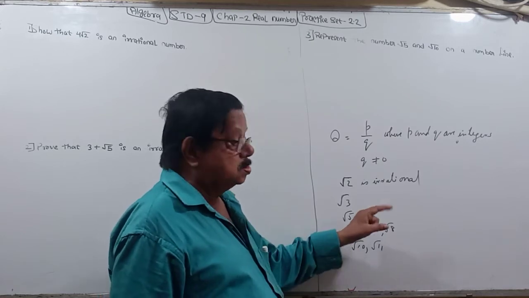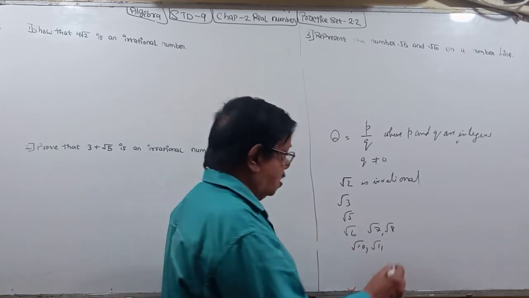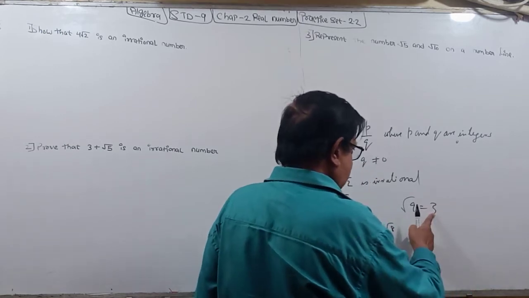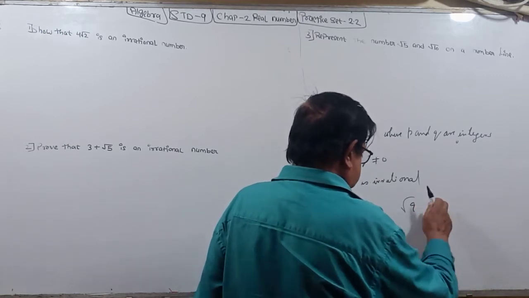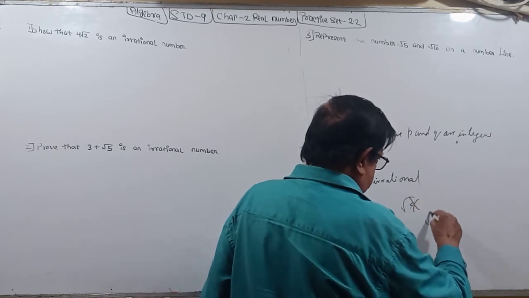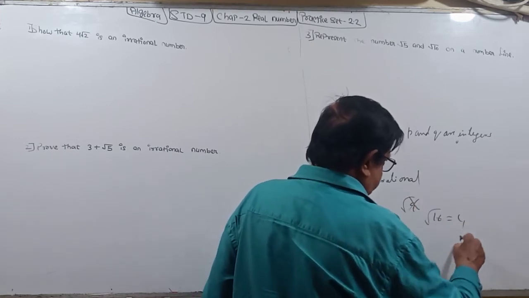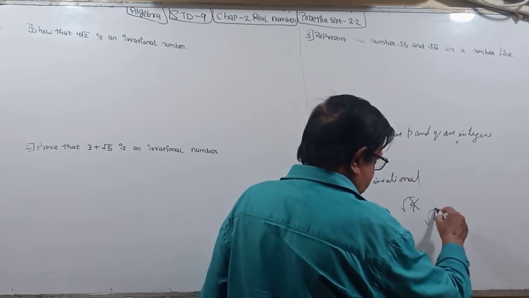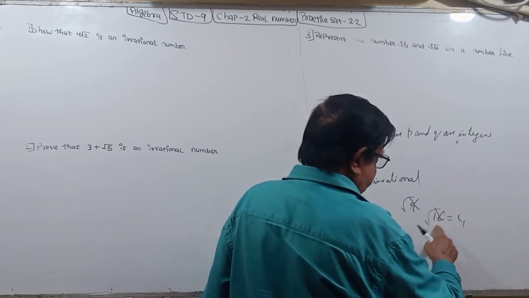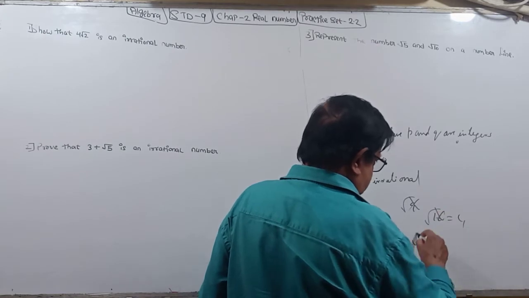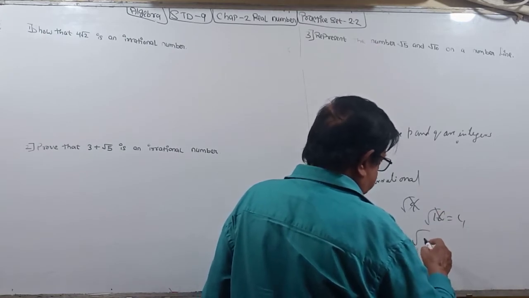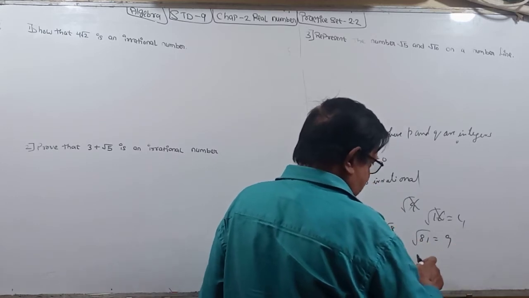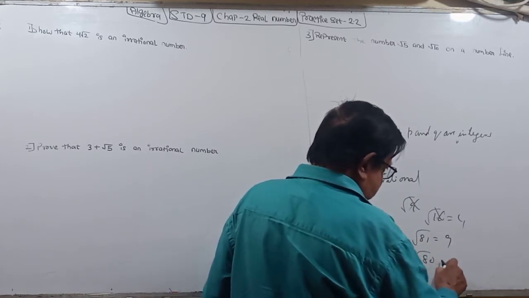The square root of a perfect square is rational. For example, square root of 9 equals 3, and 3 is a rational number. Therefore, root 9 is not irrational. Root 16 equals 4, a rational number. Root 81 equals 9, rational, whereas root 80 is irrational.